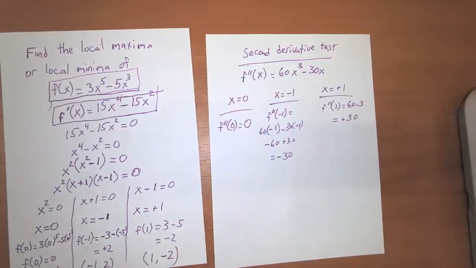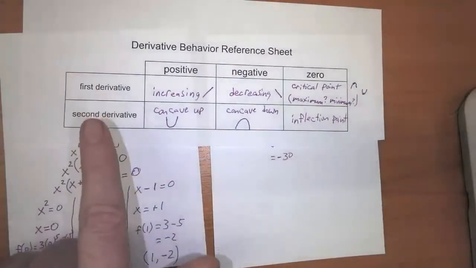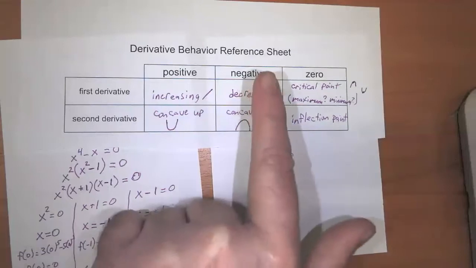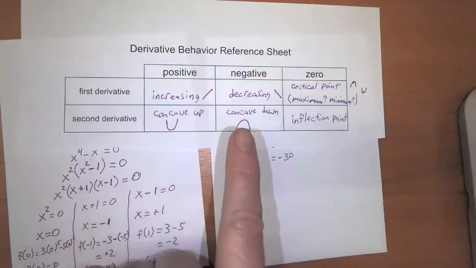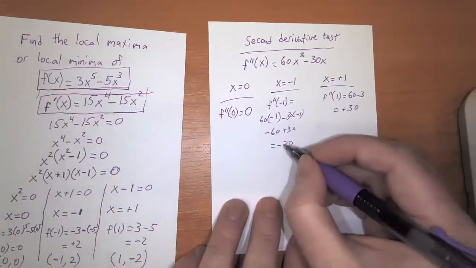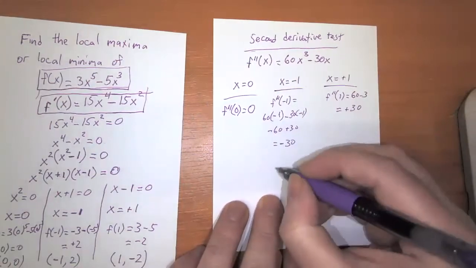All right, so let's go back and think about our derivative behavior reference sheet and remember what we know about the second derivative. If the second derivative is positive, then we've got a concave up function. If the second derivative is negative, then we've got a concave down function. Here we know that the second derivative is negative, so this is a concave down function.